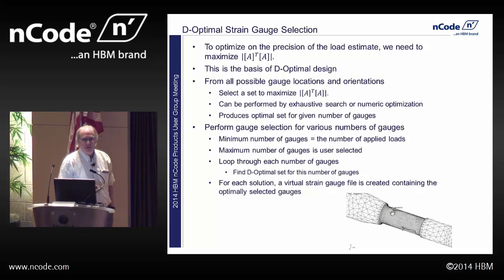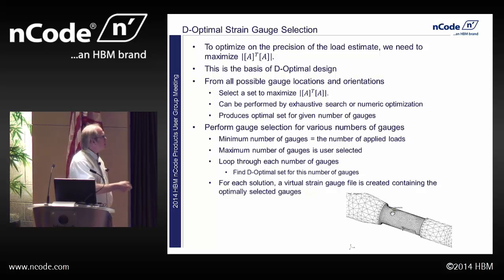In order to do that, what we're going to do is take the sensitivity matrix transpose times itself and look at its determinant. If I make the determinant of that multiplied sensitivity matrix large enough, the larger I make it, the better my answer is going to be.